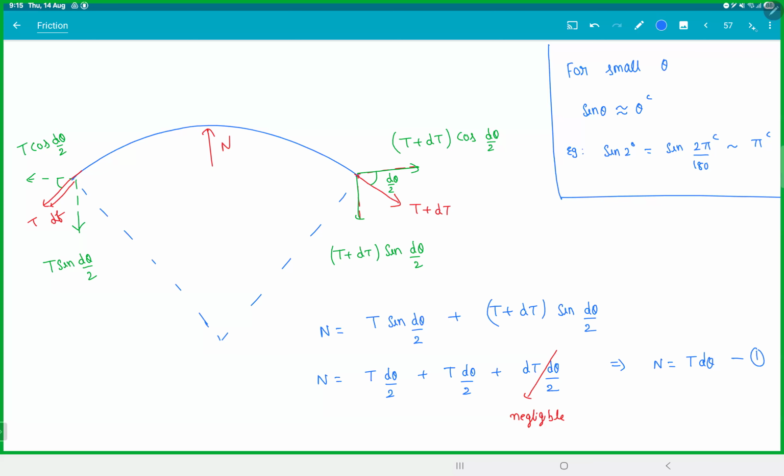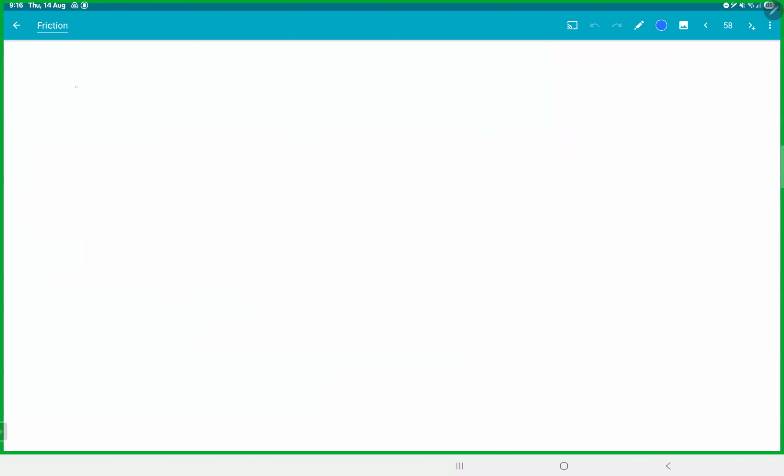Now in the horizontal direction, when you write the forces, you can take cos theta also, but understand cos(d theta by 2) will be 1, since d theta is very, very small, tends to 0, and cos 0 will become 1.